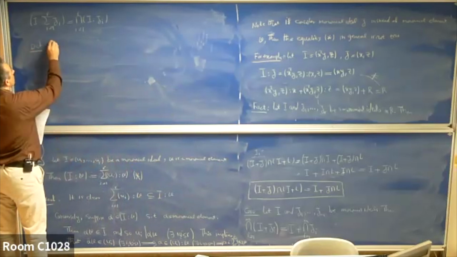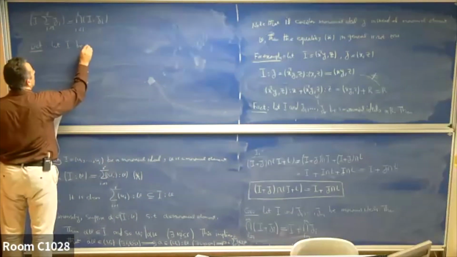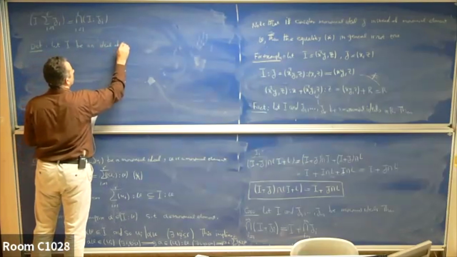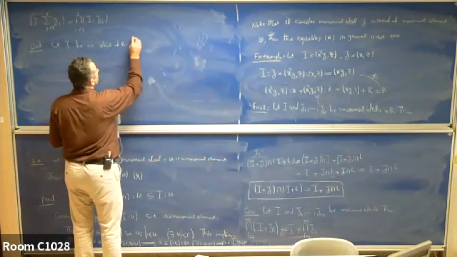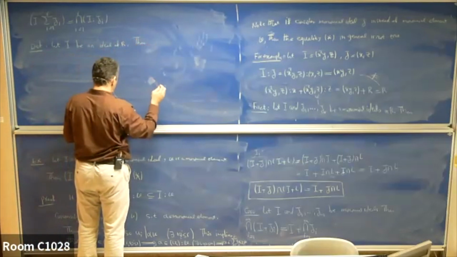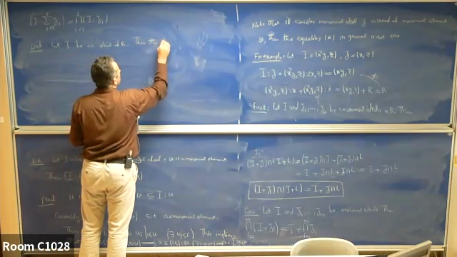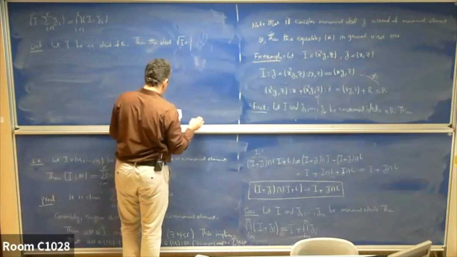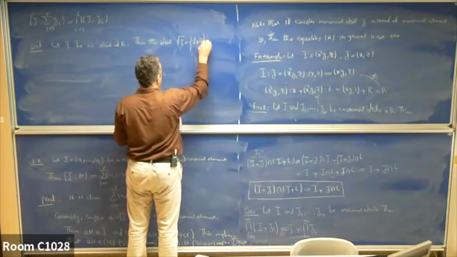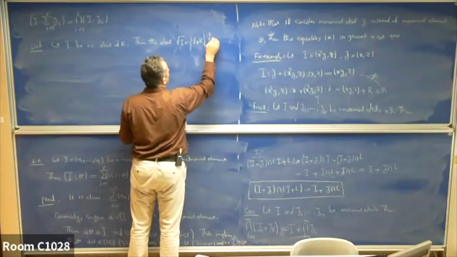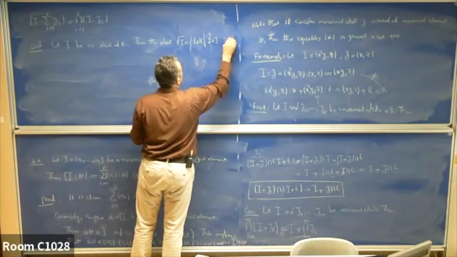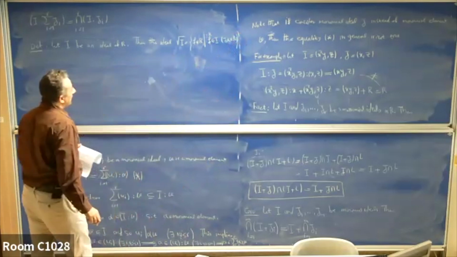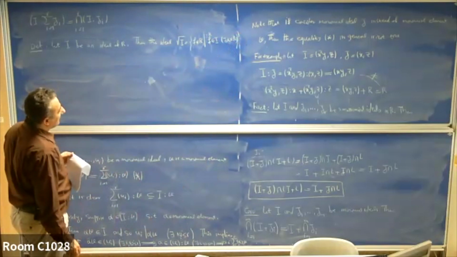Definition: let I be an ideal of R. Then the radical ideal is the set of f in R such that f to the power k is in I for some k in N. The radical ideal is defined by this set, and it is an ideal.